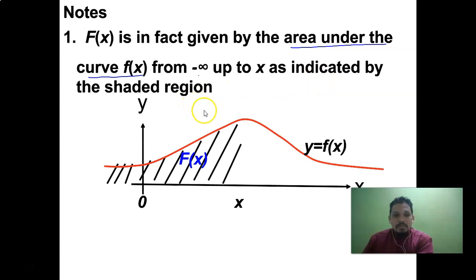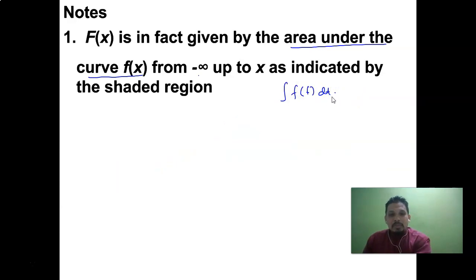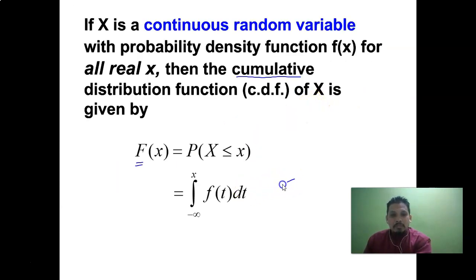Okay, so which means that we are actually talking about the area between the curve or the function and the x-axis. That's why we integrate the function f(t) dt, just like in the previous notes here.